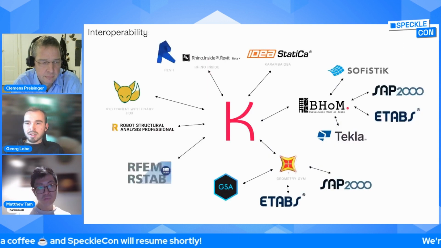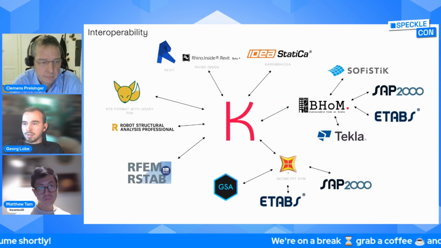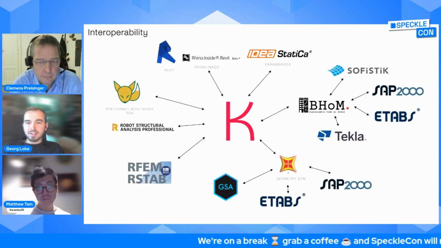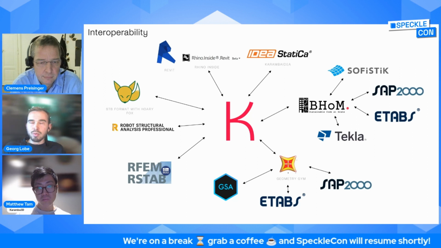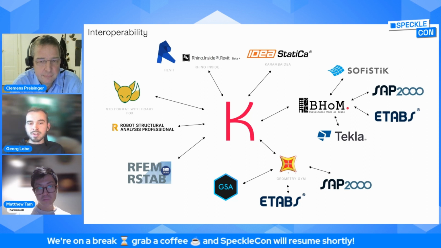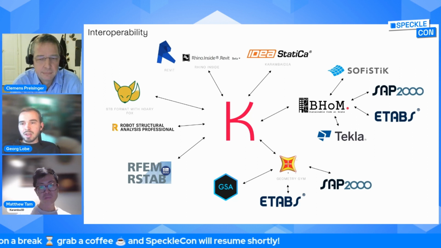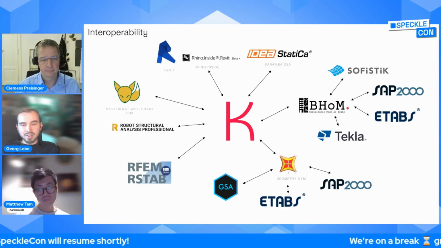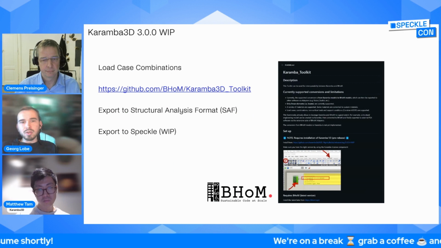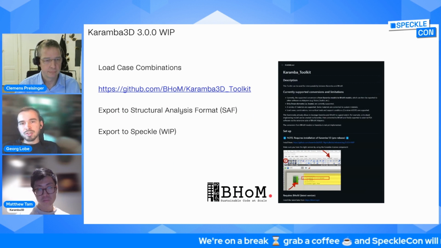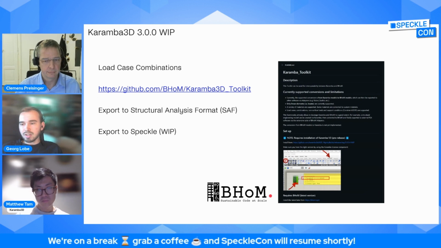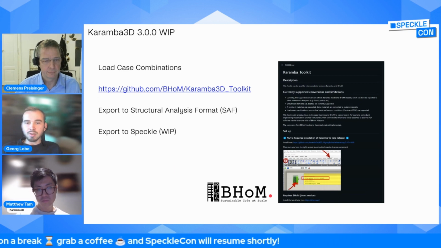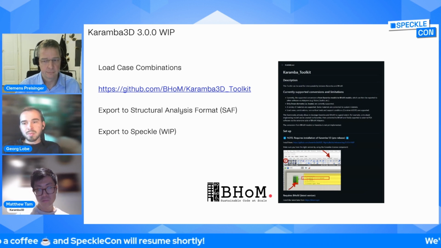Because Karamba is usually at the beginning of a design process, it's crucial for us to provide good interoperability connection to different software packages. And that's mainly the development right now. In the Karamba3D version 3.0, work in progress version, how you can get access to it, I will tell you after the demonstration.